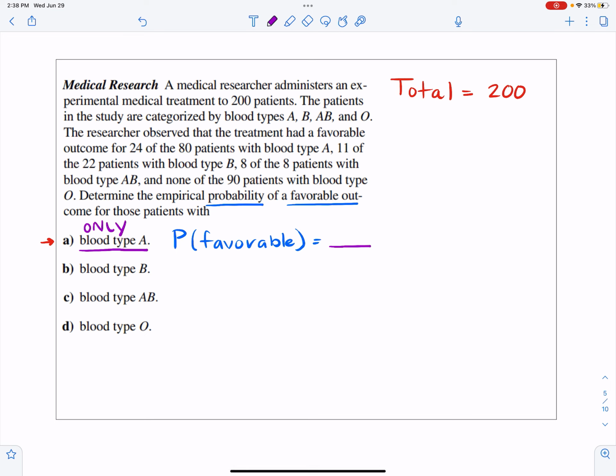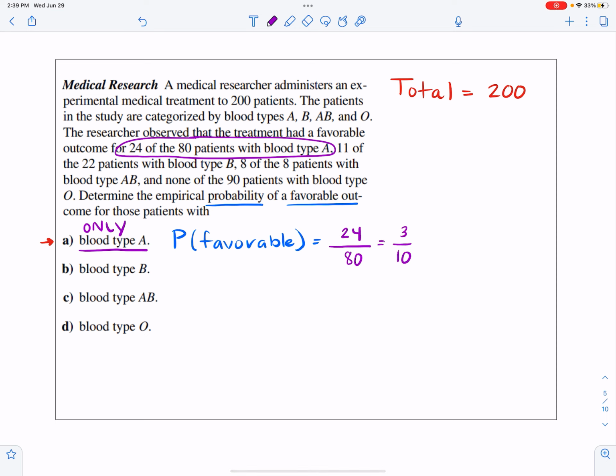If I'm only looking at blood type A, then I would only look at the group with blood type A. And that group has a total of 80, 24 of which had a favorable outcome. All right, and then that would simplify to 3/10.